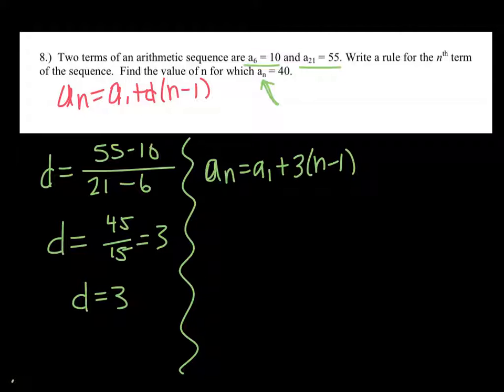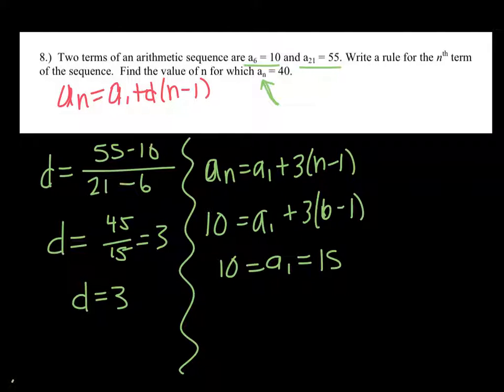So if we use a sub 6 is 10, the whole term value is 10. We need to find that first term, plus our difference of 3 times the term number, which is 6 minus 1. So 6 minus 1 is 5. 5 times 3 is 15. So 10 equals a sub 1 plus 15. Subtract that 15 over and get negative 5 as your first value.